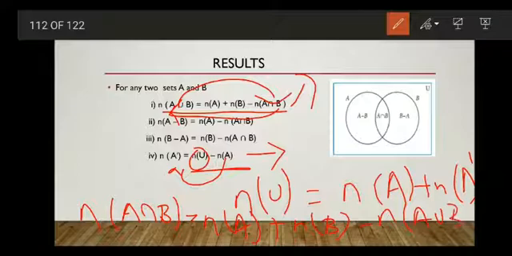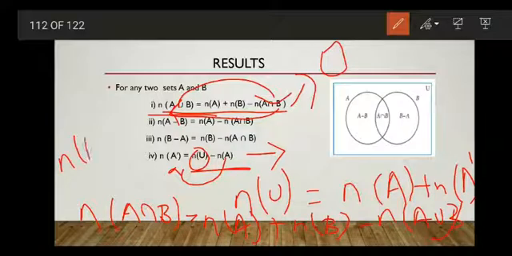Okay. Suppose these two sets A and B are disjoint sets. That is, there is no common elements between A and B. At that time, n of A intersection B will be 0, right? So when two sets A and B are disjoint sets, what will be number of elements in A union B?